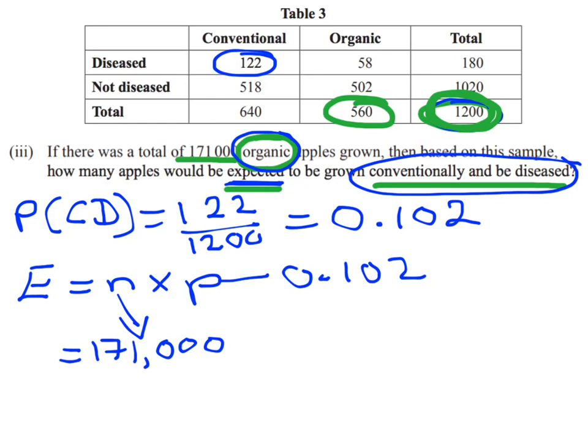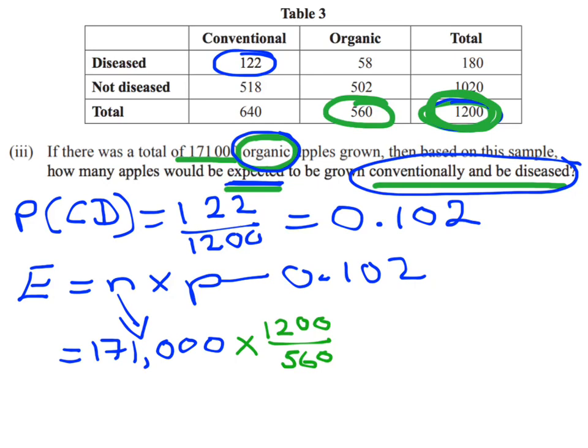So I'm going to take that 1,200 and that 560 and make a proportion out of that. I'm going to multiply 171,000 by 1,200 over 560, because that 171,000 needs to get bigger to find the total number of all apples. That's why I'm multiplying it by a fraction that makes it larger.